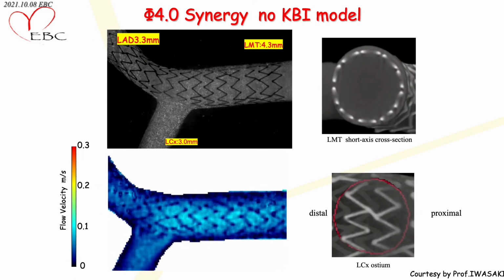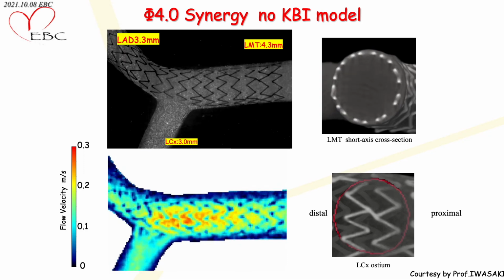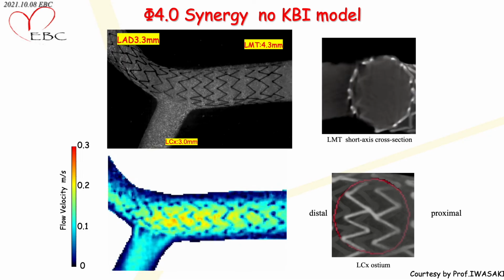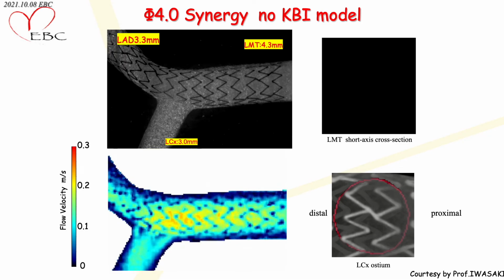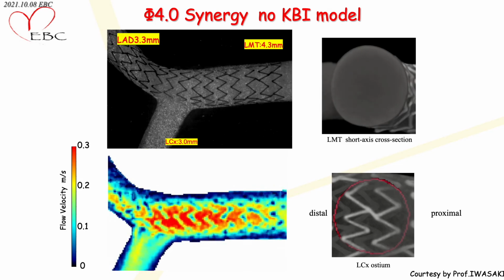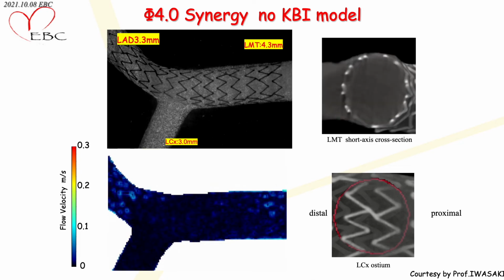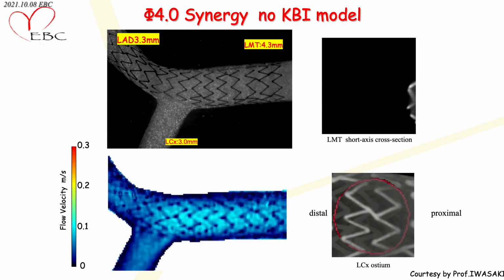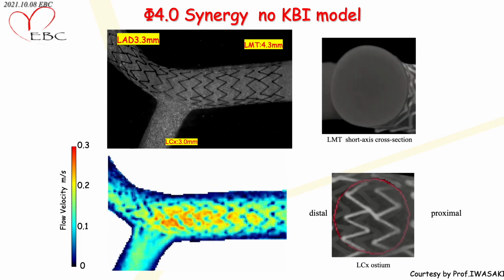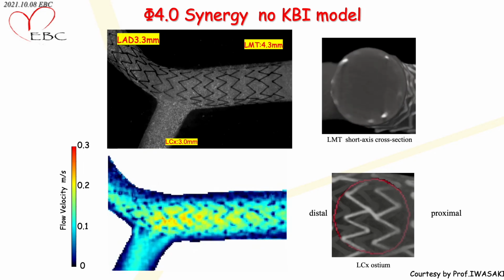If we choose a 4.0 mm stent according to the diameter of the proximal side and do neither POT nor KBI, the area of incomplete apposition of the stent will decrease and the blood flow reduction area will also decrease.